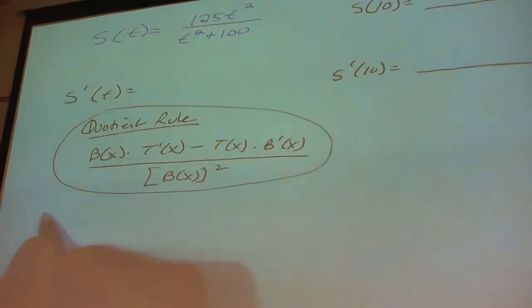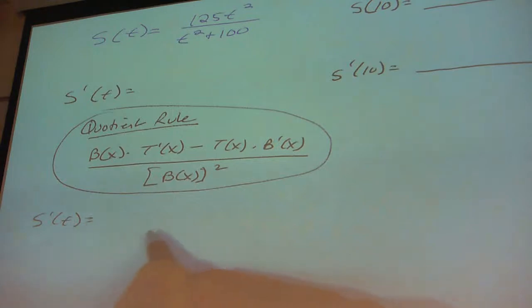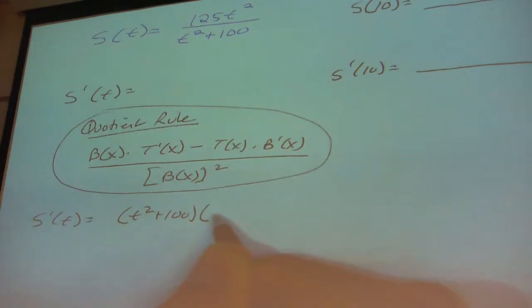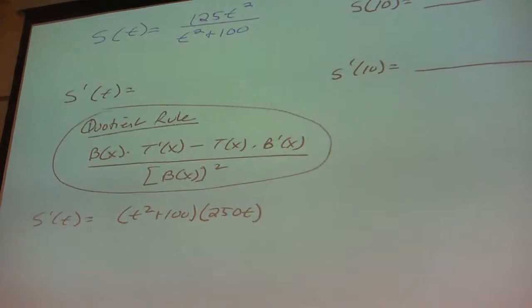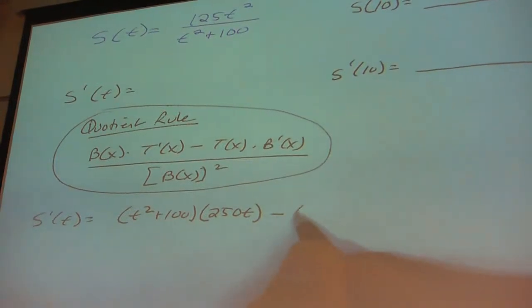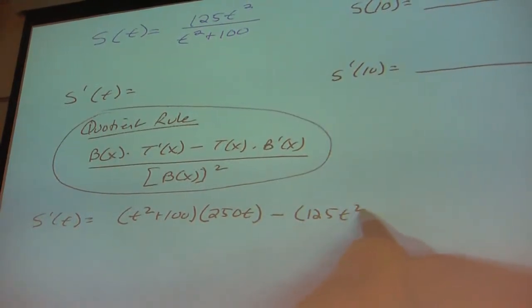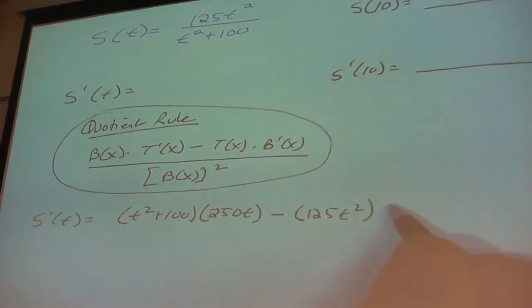So let's be careful. So the derivative is going to be the original bottom, t squared plus 100, times the derivative of the top, which is 250t. Did we get that right? If that's wrong, everything's wrong. One little mistake. If you don't know how to take a derivative, that's your problem. Then minus original top times the derivative of the bottom.